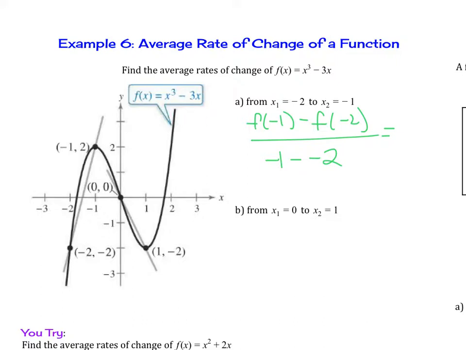At f of negative 1, our y value is 2, so it's 2 minus f of negative 2, which is also a negative 2, all over negative 1 plus 2. So this becomes a 4. So the slope of the secant is 4, and that's a positive slope.